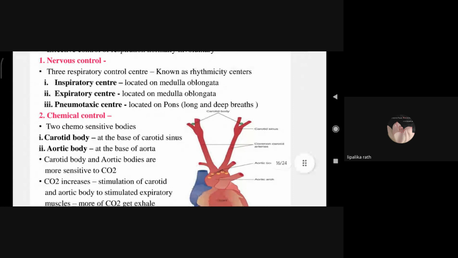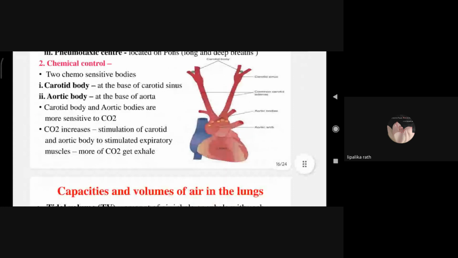Now, what is the chemical control? Two chemosensitive bodies are there: the carotid body at the base of the carotid sinus and the aortic body at the base of the aorta. The carotid body and aortic body are more sensitive to carbon dioxide.